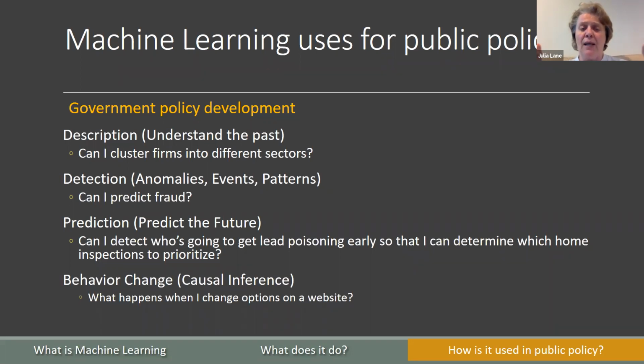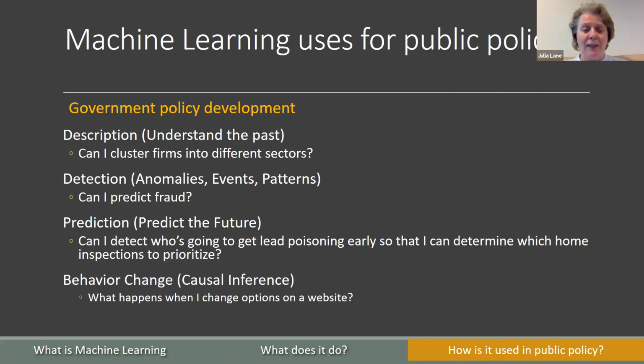So can I figure out, based on a set of characteristics, who's going to get lead poisoning? That costs billions of dollars a year in the effect on young children who get lead poisoning, and it has long-term consequences. How can I predict that in advance?